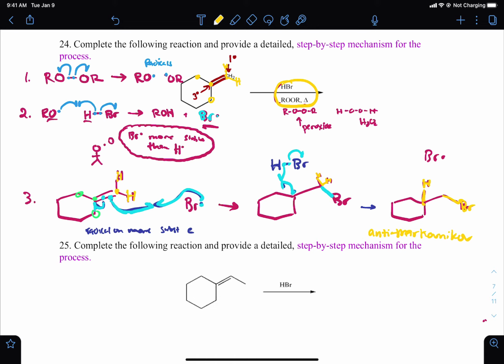Since this pi bond is sitting between both carbons here, the H can only go on one carbon. We have to choose one. So we follow Markovnikov's rule. Markovnikov's rule says the H goes onto the carbon with the most H's. And in this case, there's an H there.